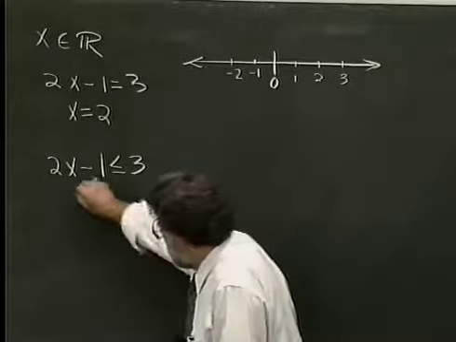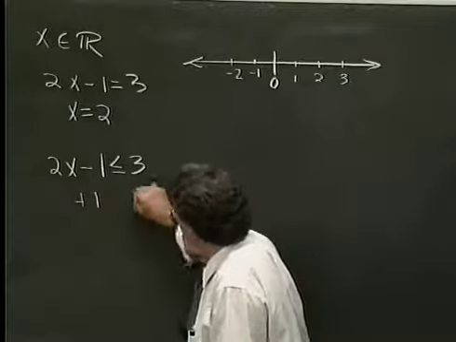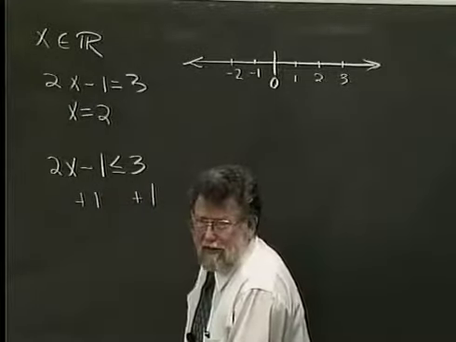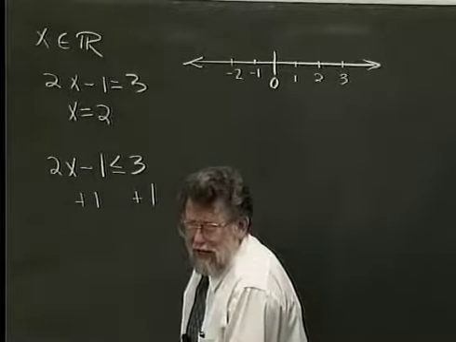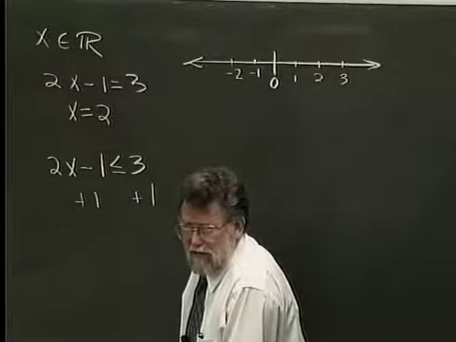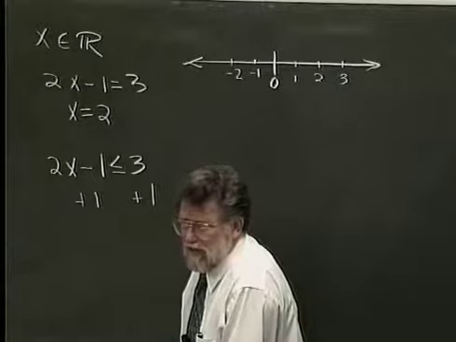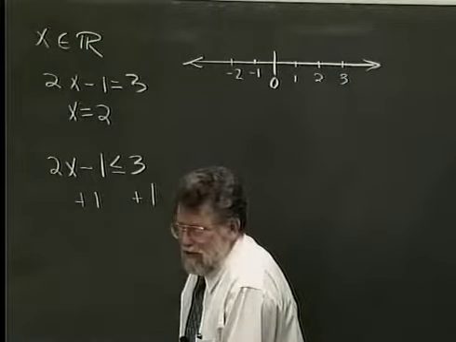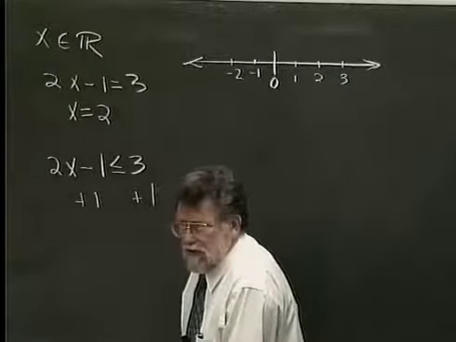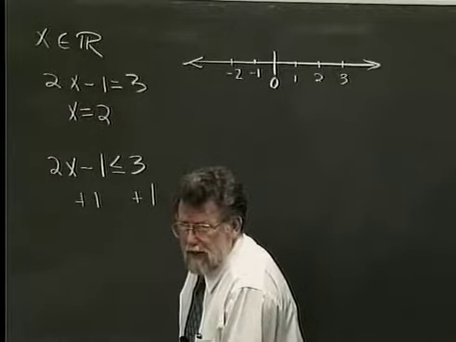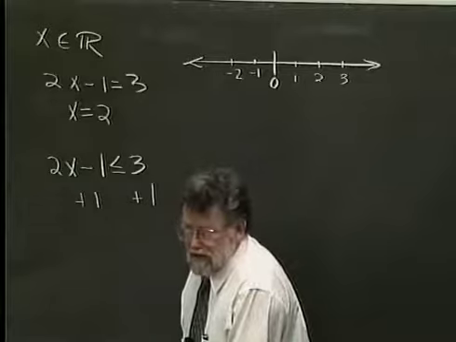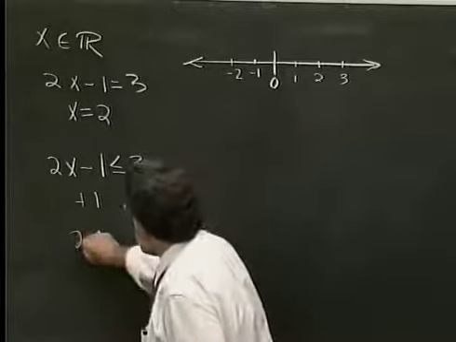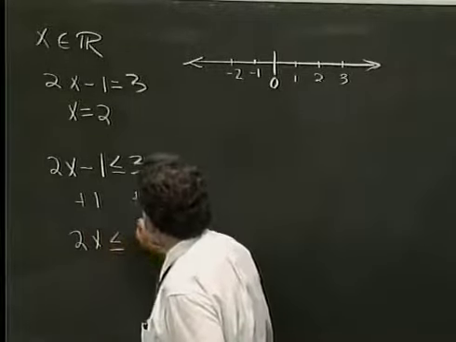Now, I, for the moment, will allow this because I want to convince you that I am adding the same thing to both sides. To limit yourself to solutions where you have to show this step every time is to make it too tedious, and it's not going to work for you. So at some point we're going to have to say mentally you add the same thing to both sides, and you then get 2x is less than or equal to 4.